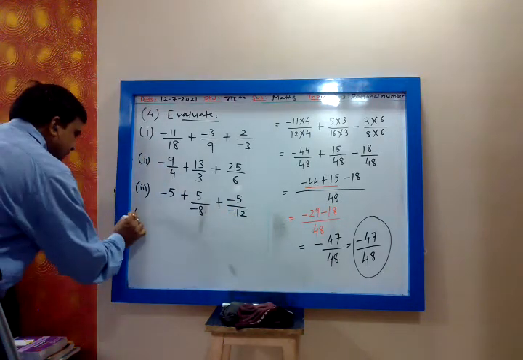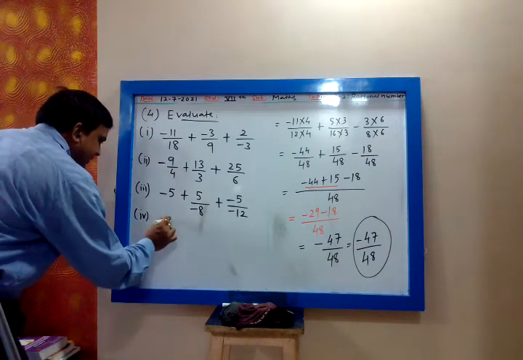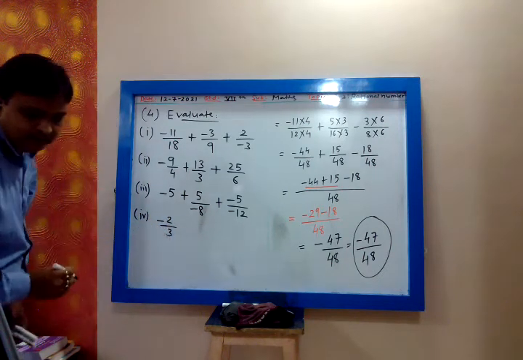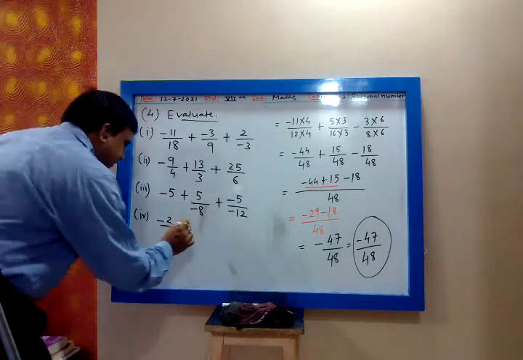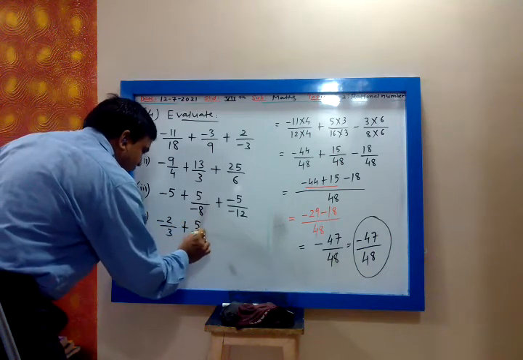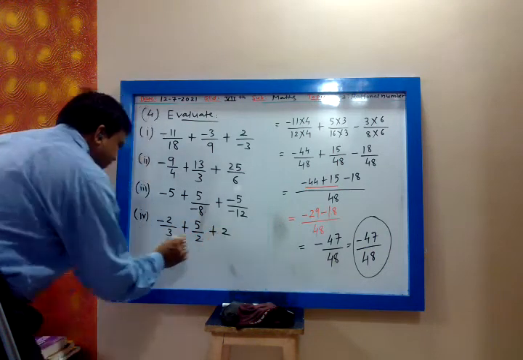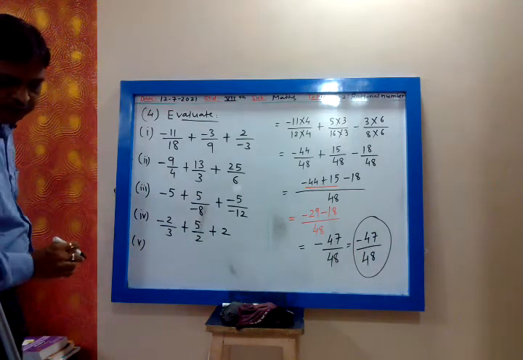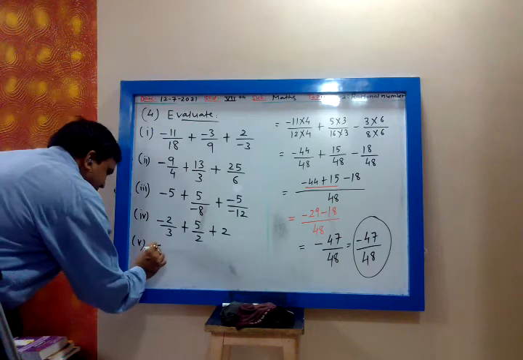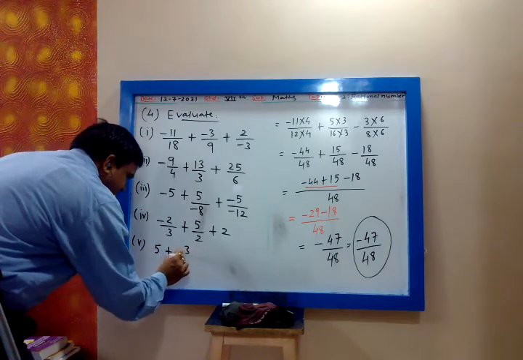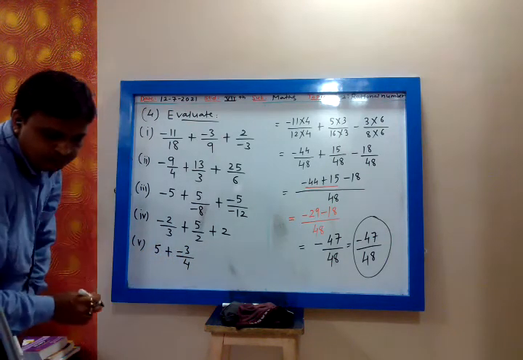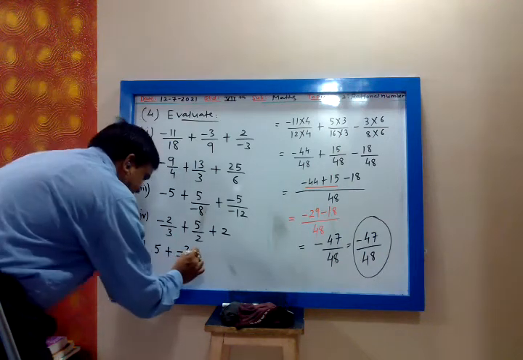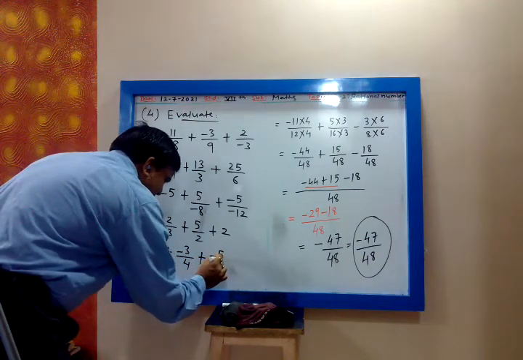Then fourth: minus 2 by 3 plus 5 by 2 plus 2. Then fifth one: 5 plus minus 3 by 4 plus minus 5 by 8.